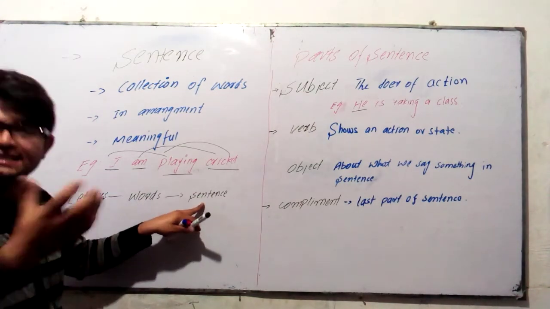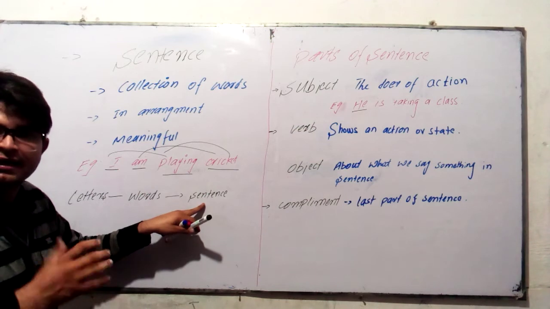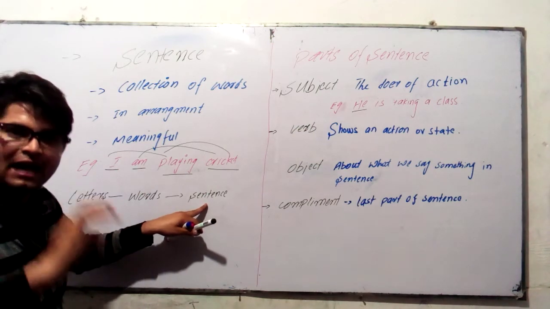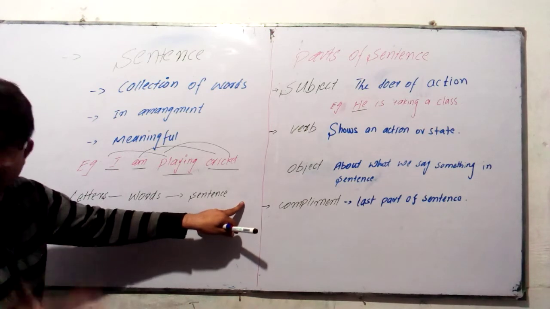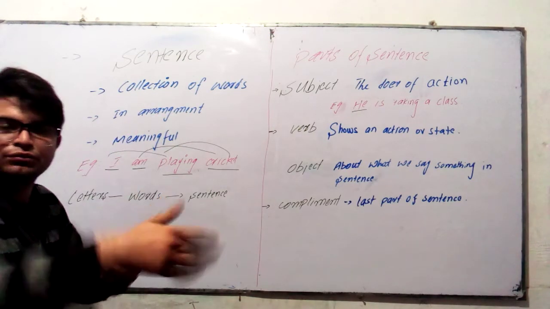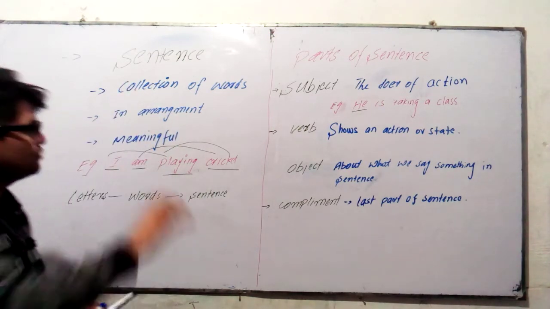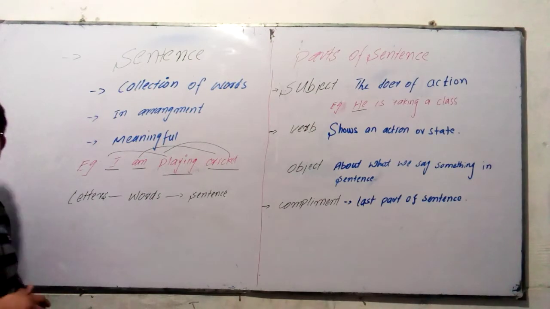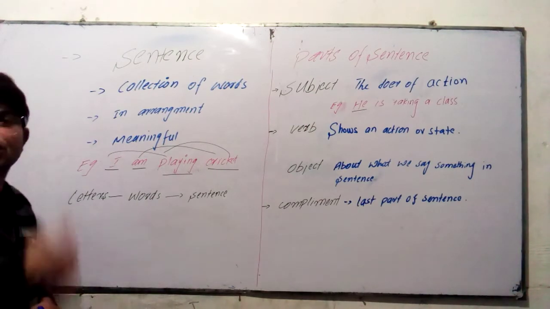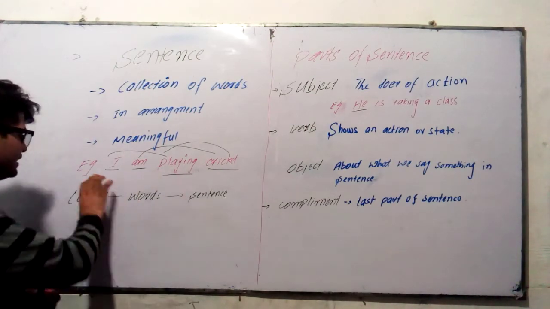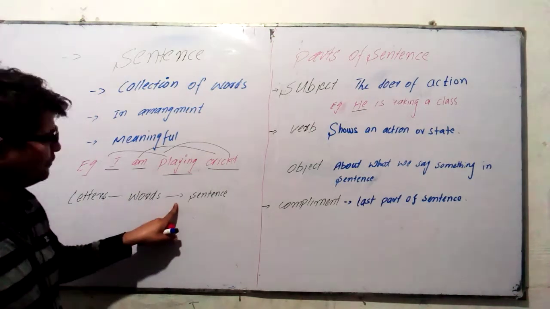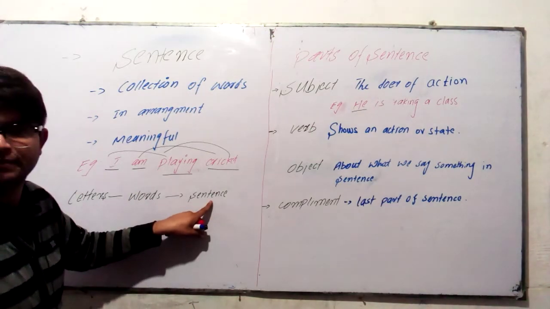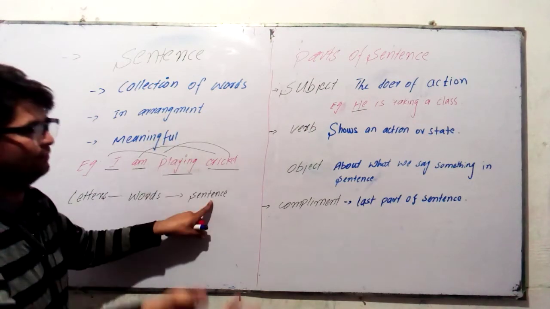And when we make sentences about a particular area, it will make a paragraph, and then paragraphs will make a unit and so on. So this is the process of how English grammar goes on. First there will be letters, then when letters combine together it will be a word, and when words combine together it will make a sentence, and then so on.